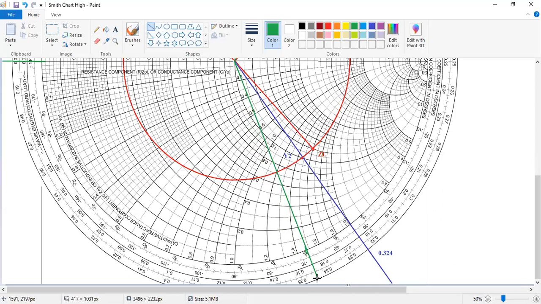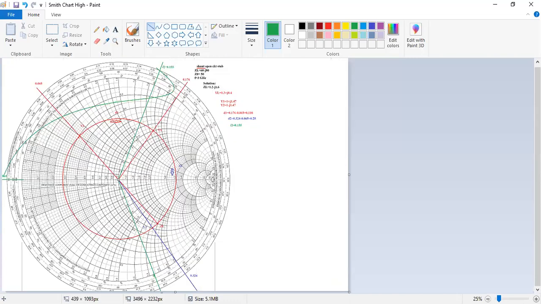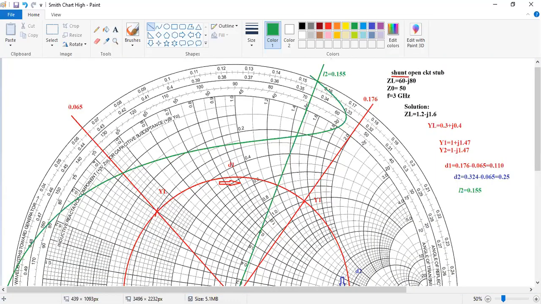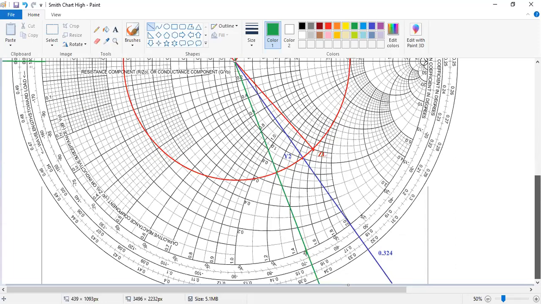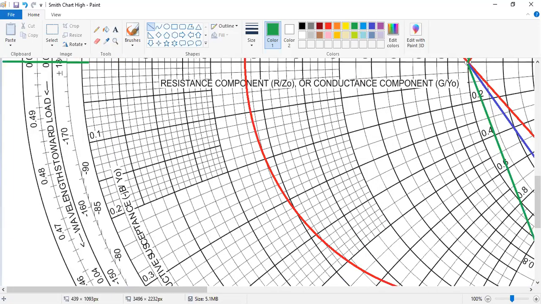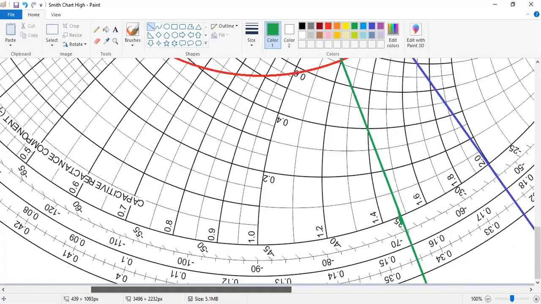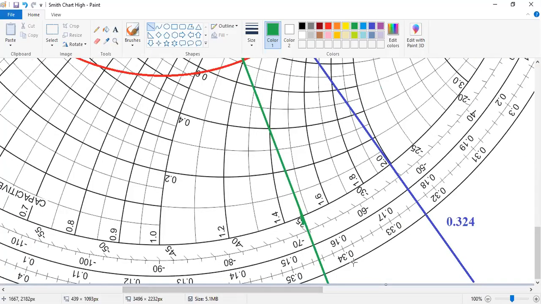So if I pass it from here, extend here. So whatever it will be, here, the green line, 0.345. Am I right? Is it correct? Yes, sir.